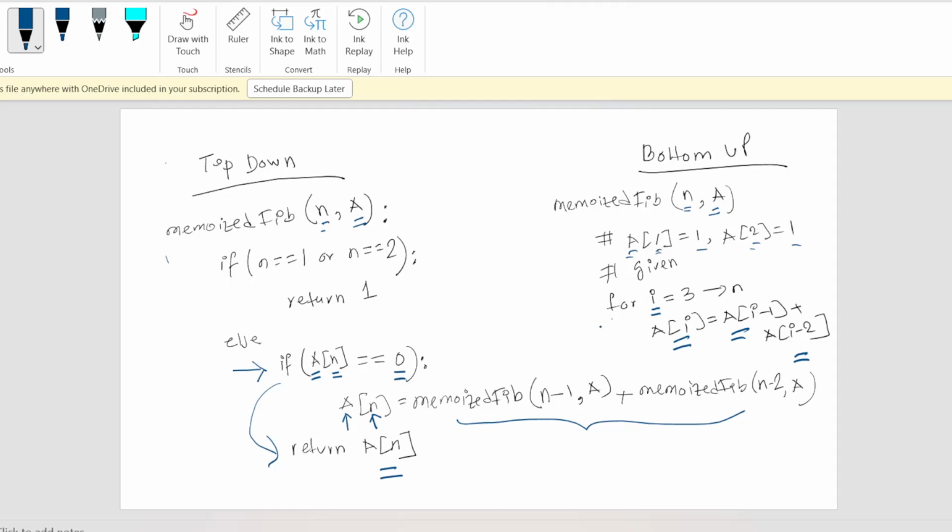which means I am finding, okay, let's draw. So this is the array we have. So this is not used, and we are given 1 over here and 1 over here. Let's say we have to find the Fibonacci of 5. Okay, this is n.